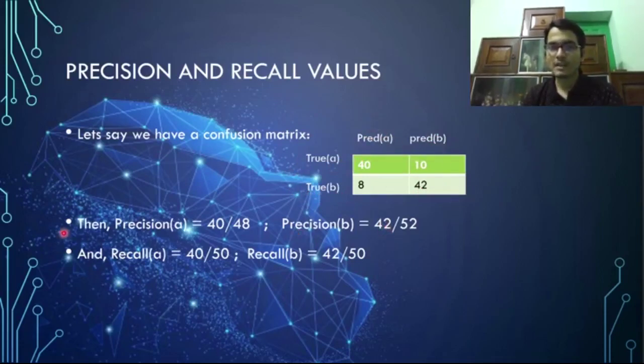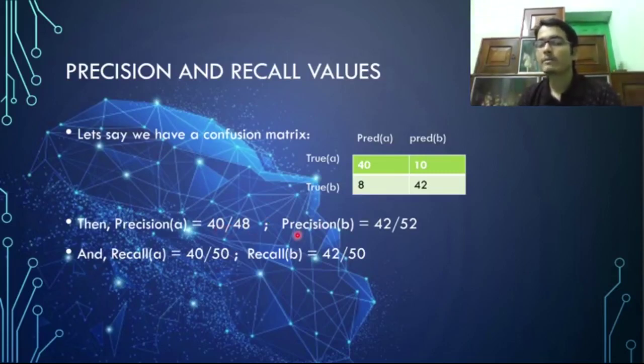So what is our precision of a? Precision of a would be 40 upon 48. It means how precise we are in predicting a. We predicted class A for 48 cases, but actually 40 are correct. So it is 40 out of 48.